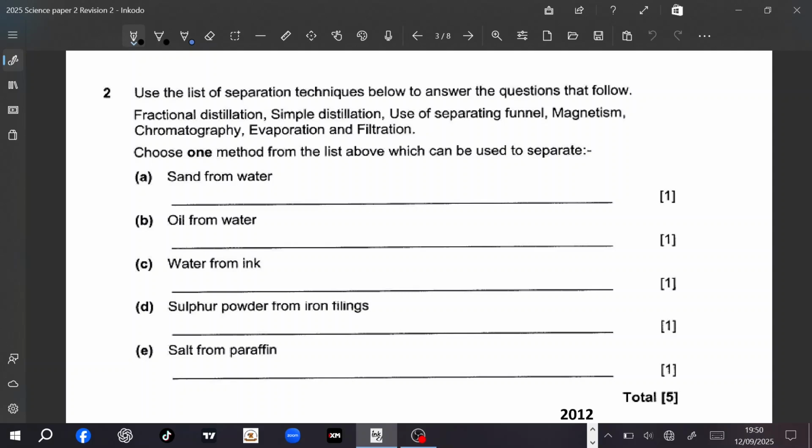So these are the separation techniques here. Then they're saying choose one method from the list above which can be used to separate A, sand from water. What can we use to separate sand from water? You know, sand does not dissolve in water. It is insoluble. So the best method we use for separating it is filtration. So you say filtration.